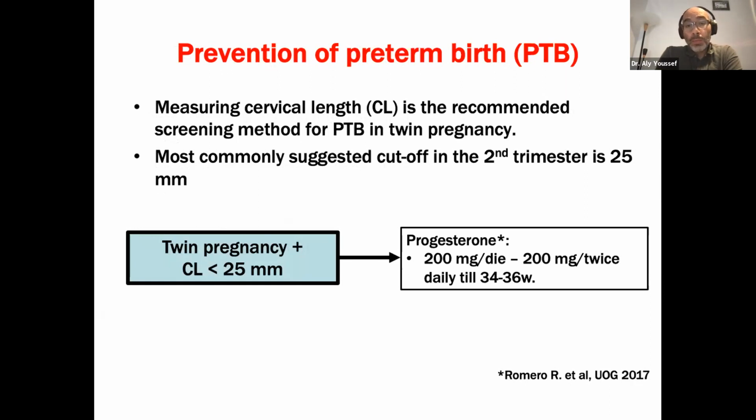The problem with twin pregnancy is that almost all interventions seem to be inefficient or sometimes even harmful in twin pregnancies. Very recently, there has been some little update on this specific aspect.